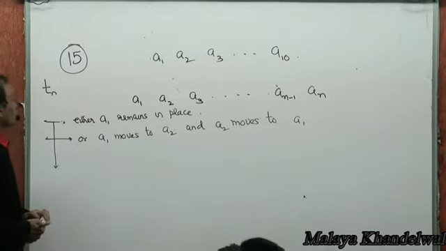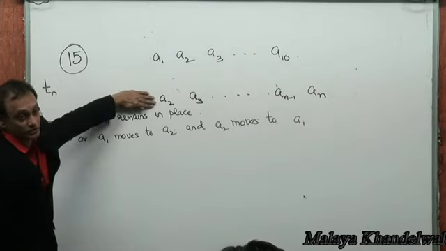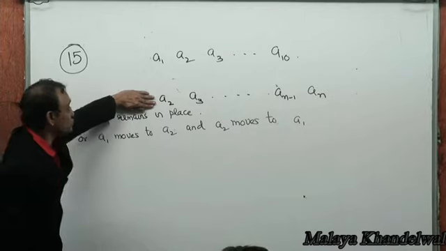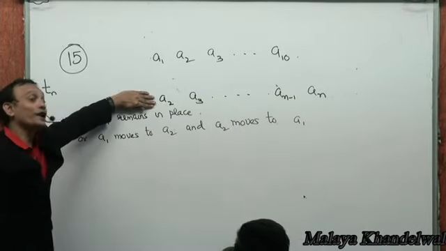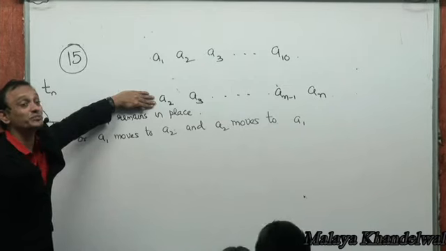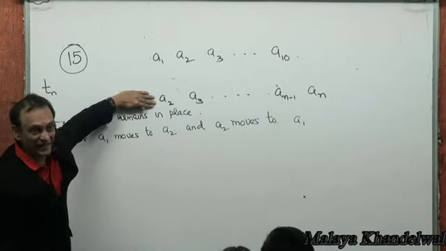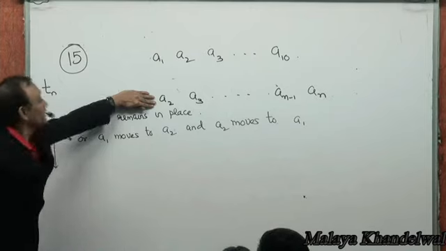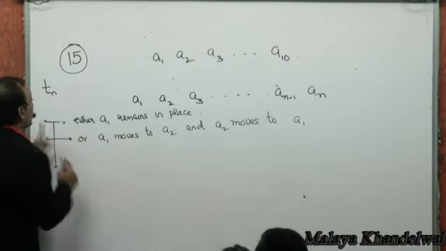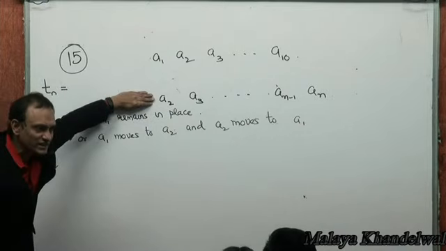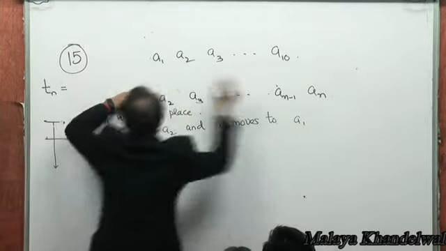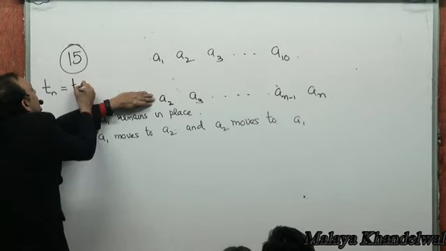Which means if A1 is in position, then how many children are there? N minus 1. In how many ways can the remaining n minus 1 children be rearranged? Tn minus 1 ways. Yes or no? If Tn is the total count, then part of Tn are the cases in which A1 is fixed and the remaining n minus 1 children can be arranged in Tn minus 1 ways.